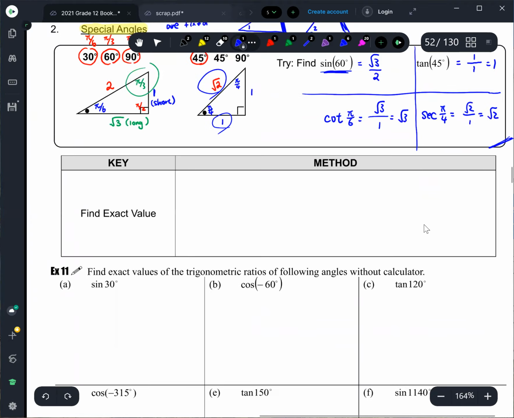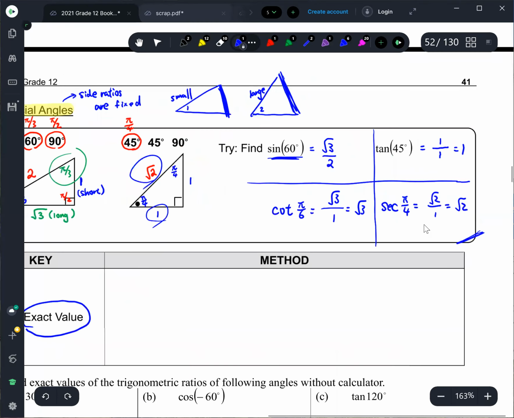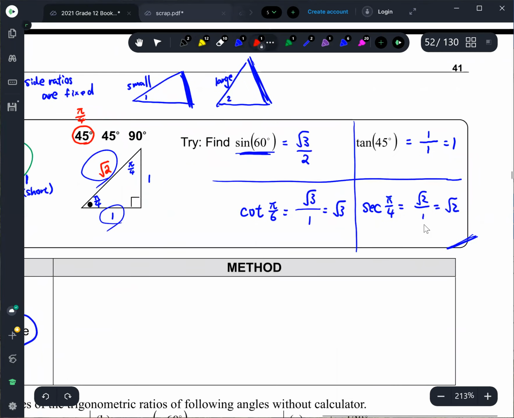So this is called find exact value. Exact value is referring to these things. This is called exact values, or side ratios. Those are the sides.